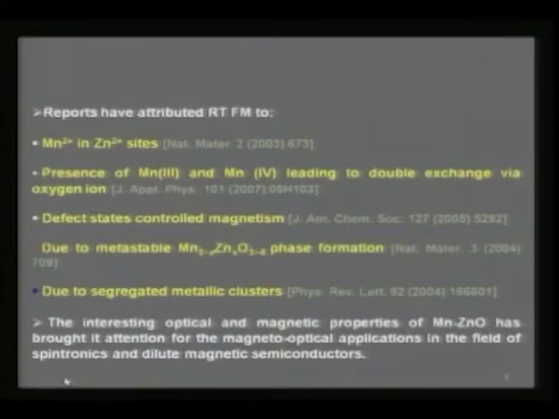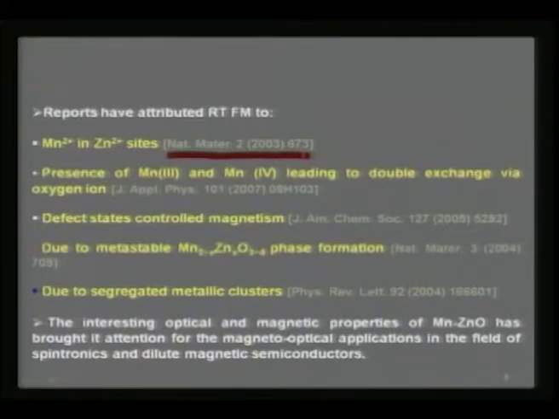Reports started coming as early as 2003 with breaking news in Nature Materials. This was actually a Swedish group, Professor K.V. Rao's group, which published that manganese 2+, when substituted in zinc 2+ sites, that is in ZnO, shows room temperature ferromagnetism.